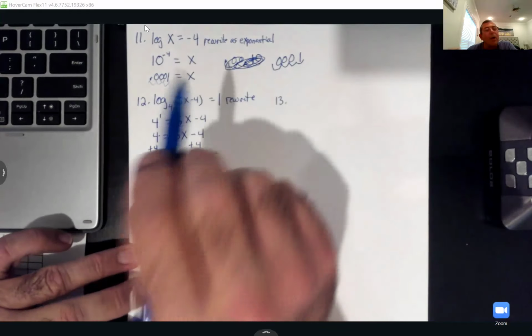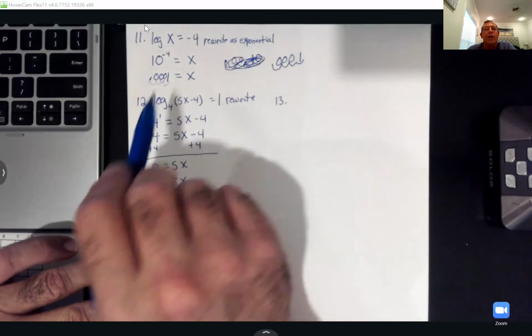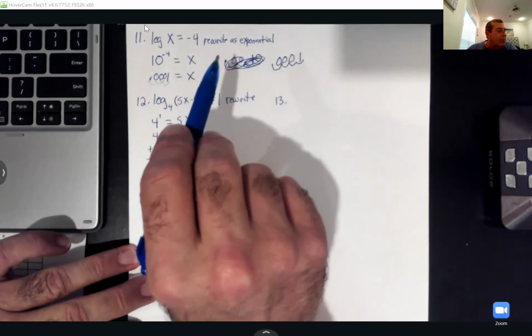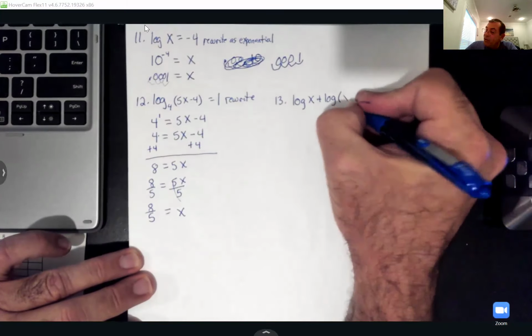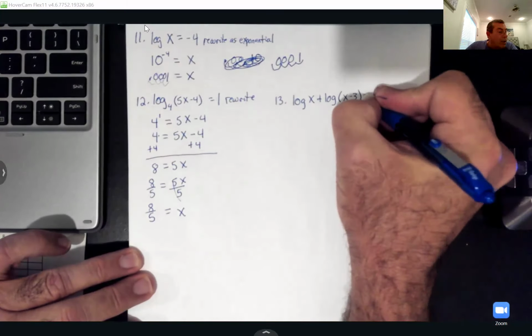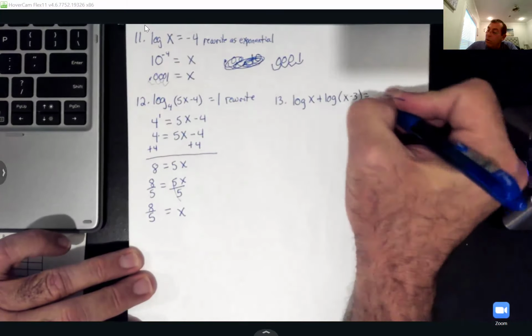So the first few I was able to rewrite as exponential. I had a single log equal to a number. So let's see what happens when I throw 2 logs in here. Log x plus log of x minus 3 is going to equal 1. So this is what I'm talking about. I got more than one log on the left side of the equals.